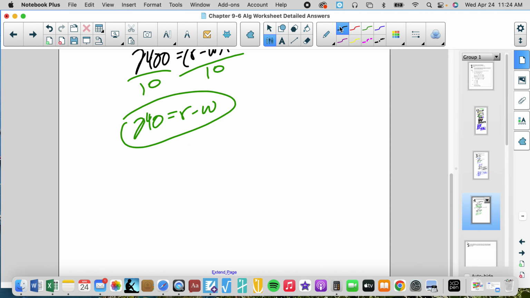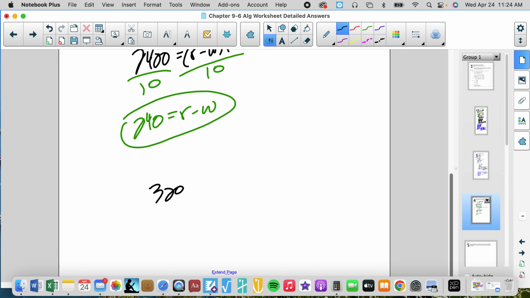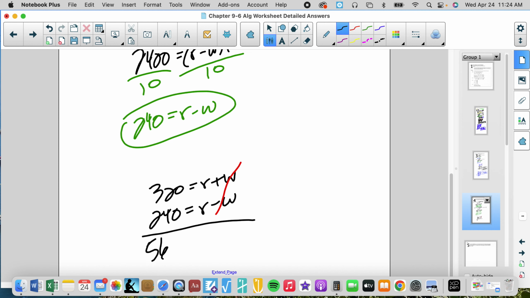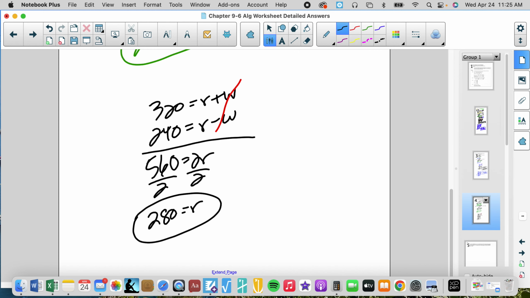So let's take that. 320 equals rate plus W. 240 equals rate minus W. We'll add them together. They cancel. We're left with 560 equals 2R. Divide by 2, and we get 280 equals the rate of speed of the plane.